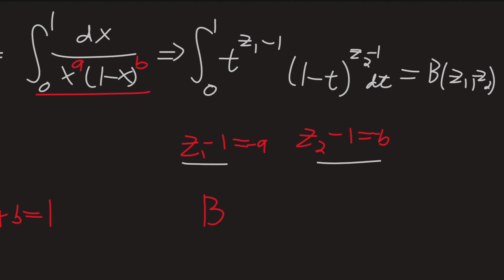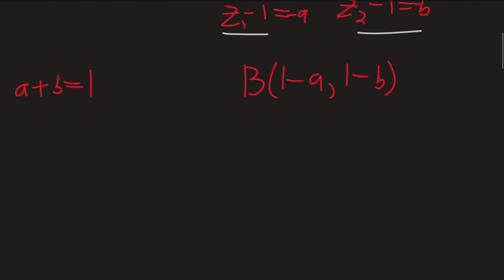To make some progress, our integral is just beta of 1 minus a and 1 minus b, and again, these are interchangeable. Now, the interesting part is that if you go back to this definition right here, you'll know that this is true. So this is really just beta of 1 minus a, comma a, which is interesting.